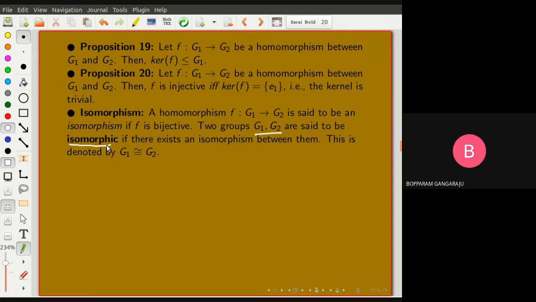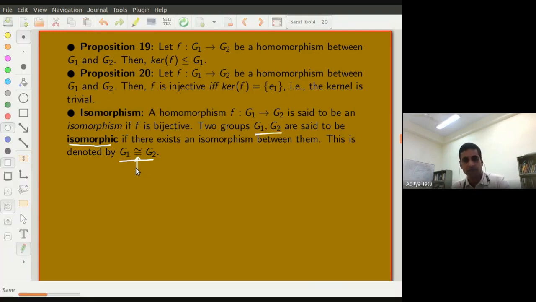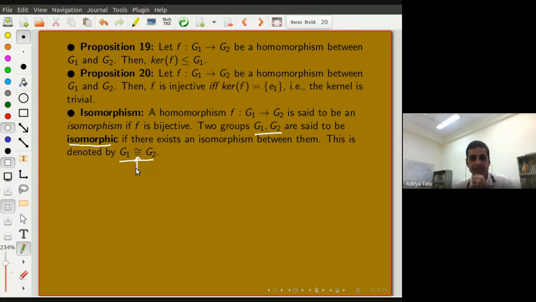They should be the same, equal. So it's an even stricter condition for two groups to be isomorphic. Two groups G1 and G2 are said to be isomorphic if there exists an isomorphism between them, and this is denoted by the congruence sign: G1 is isomorphic to G2. The definition clear?